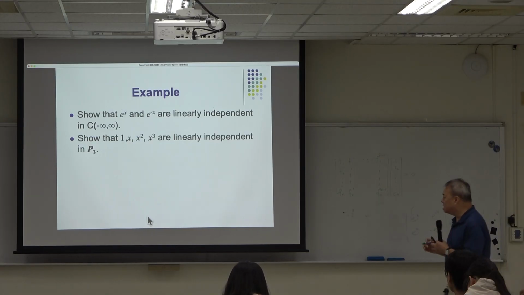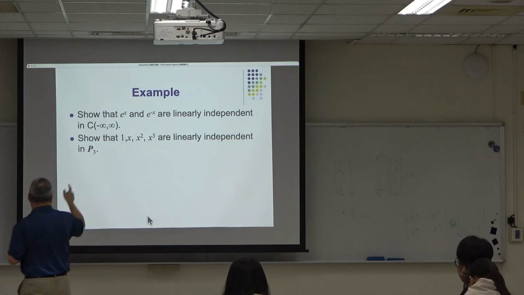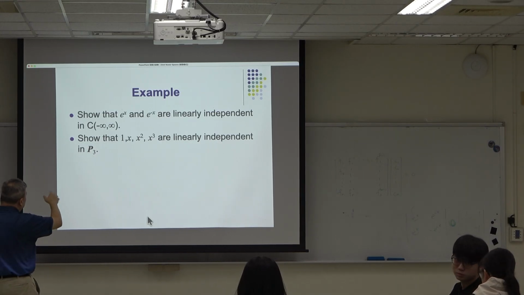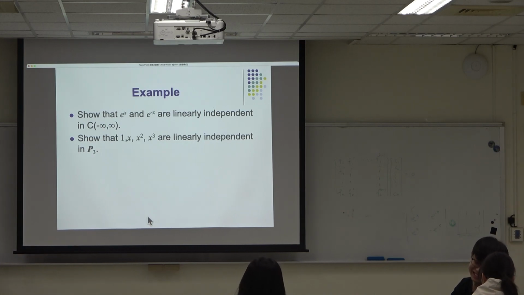So if this Wronskian is non-zero, then these two functions are linearly independent, and this one is linearly independent with P3. Actually, if you write it, it's going to be 1, 1, 1, 1, 1.